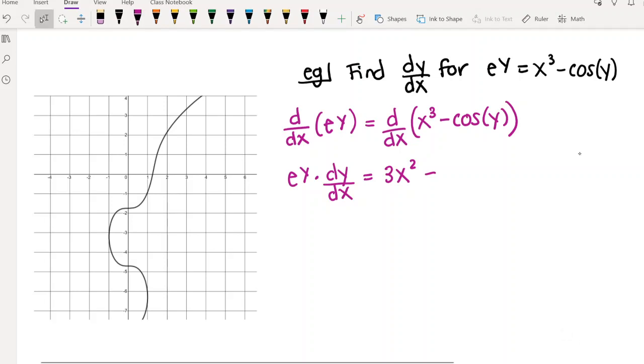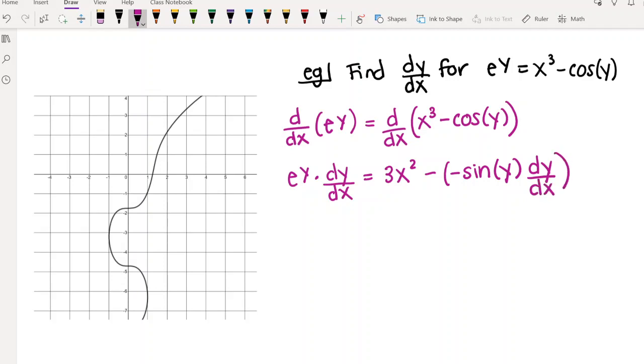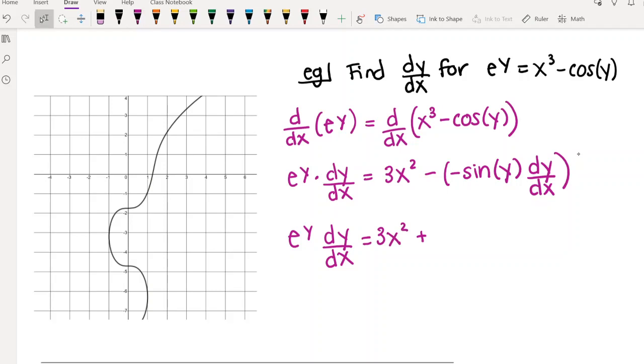So the outside part of the derivative would be negative sine of y. We're just taking the derivative of the cosine part, leaving the input the same. And then we have to multiply that by the derivative of the inside function, which is dy/dx. So altogether, we have e to the y times dy/dx is equal to 3x squared plus sine of y times dy/dx.